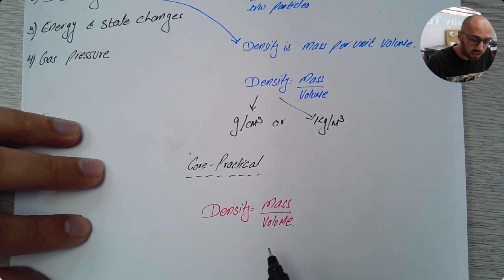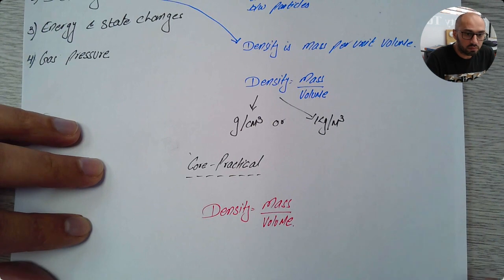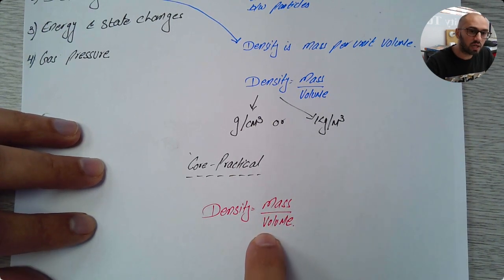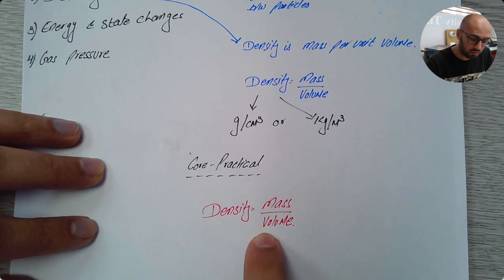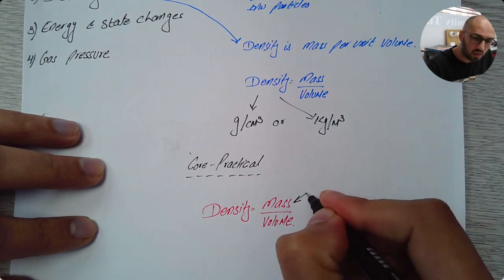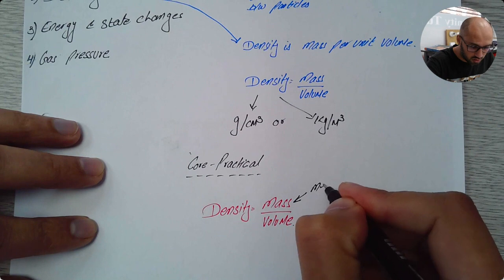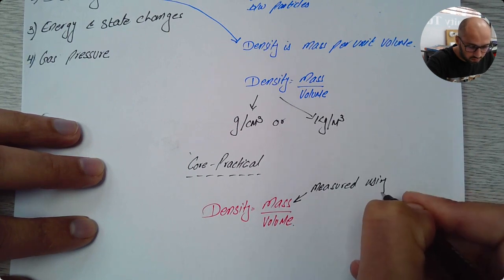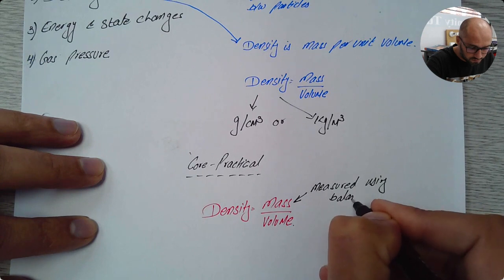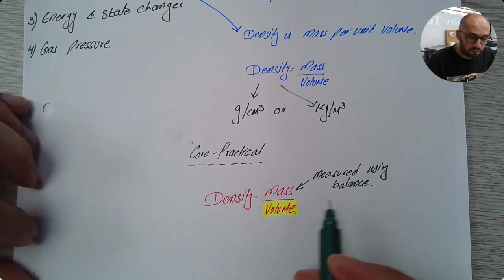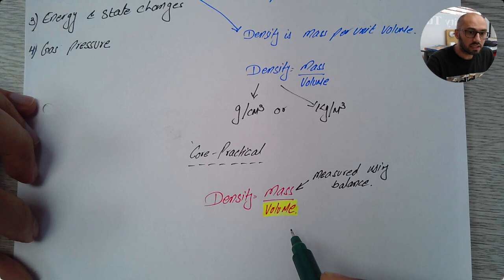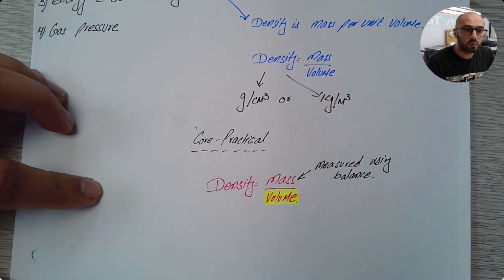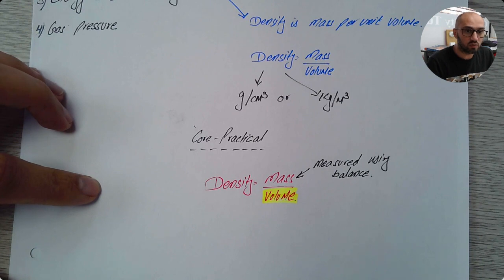Now, because we are trying to work out the density of given material, we will have to make measurement for the mass, and we will also have to make measurement of the volume. So we can say mass can be measured using balance. Volume measurement is of greater importance in this case, because there are different types of objects for which we may be asked in exam to work out the density.